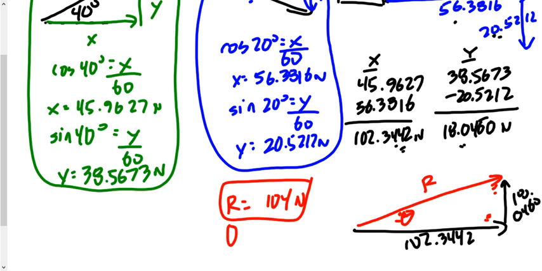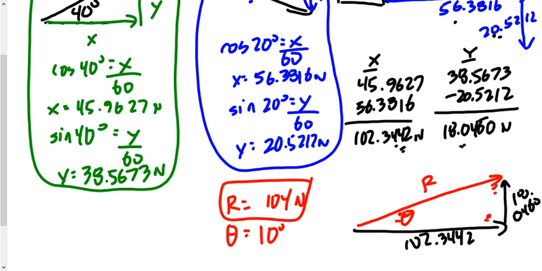And theta would be the inverse tan of opposite. What's the opposite side here? Is it 102 or 18? 18. Yeah, the inverse tan of 18 over adjacent, which is 102. Gives me 10 degrees. I get exactly 10 degrees.